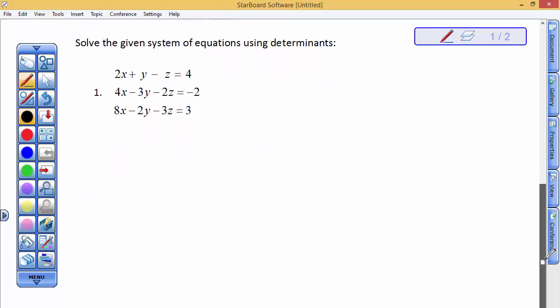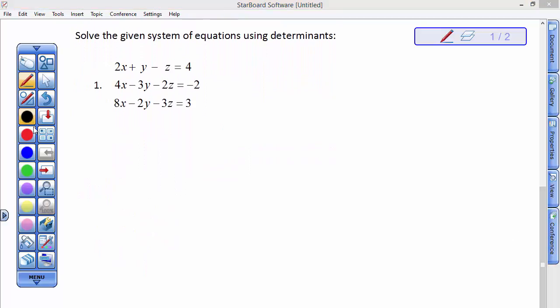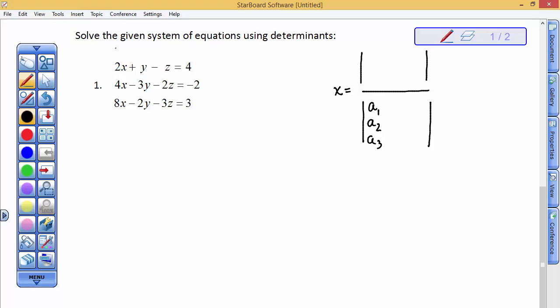I'm going to go down here and tell you that Cramer discovered that to solve for x when you have a system, I'm going to go ahead and set these up, you'd have the a values in your denominator, which are the numbers in front of the x's.